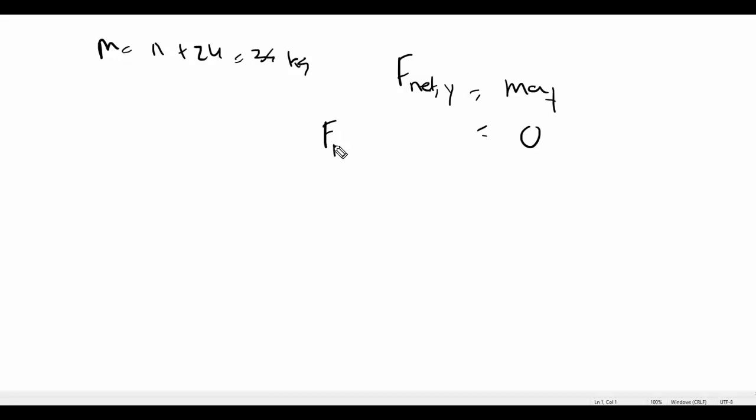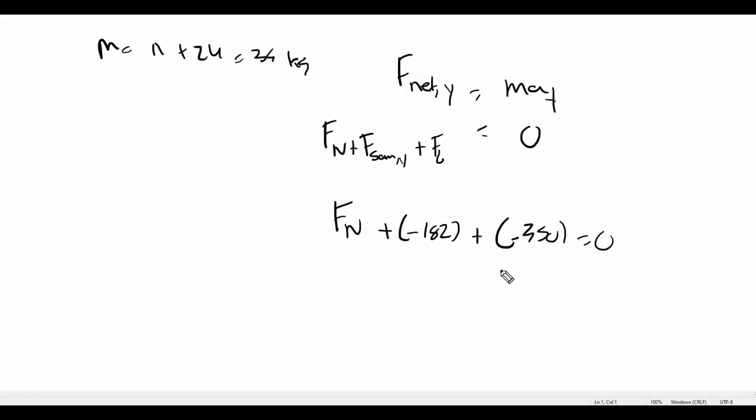But now we have Fn plus F sam y, which we have been using before, plus Fg, but this Fg is not going to be the same as before because now the mass is 35 kilograms. So now I have Fn plus F sam y, which I believe was negative 182, plus Fg, which, if the mass is now 35 kilograms, would be negative 350 for force of gravity.